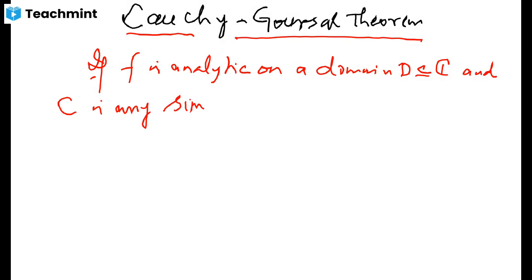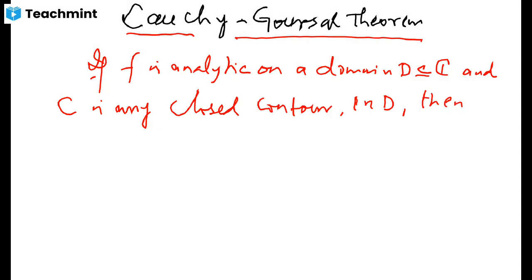It will be just a closed contour in domain D, then we have to prove that the integral of this analytic function f over any closed contour is 0. This is what will be our most general form of the Cauchy theorem.